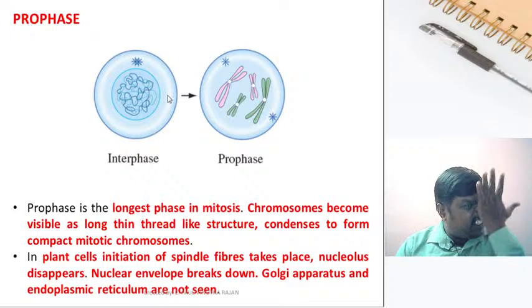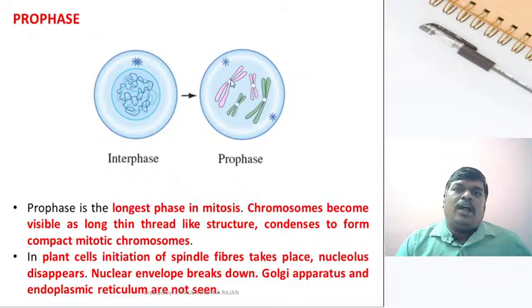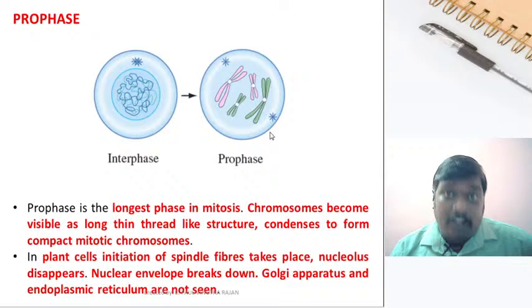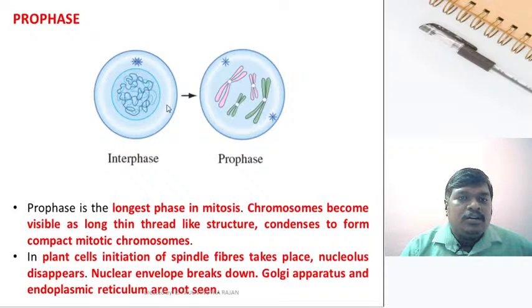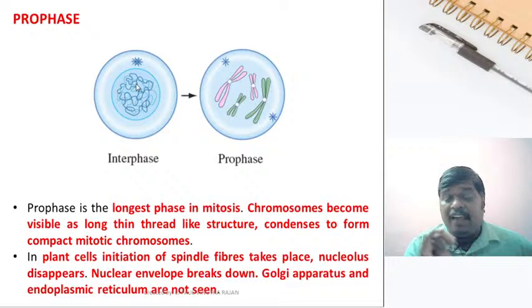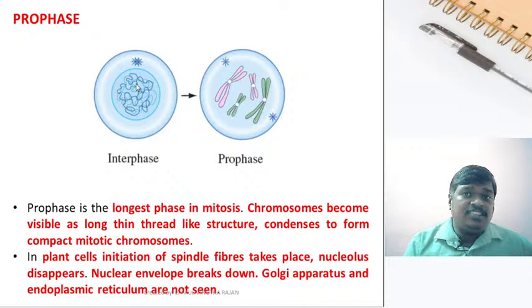The cell that is supposed to undergo mitosis should have all these structures: centrioles, the nuclear envelope, the chromatin threads, and nucleolus. Have a note. 4 things it should have: centrioles, nuclear membrane, chromatin threads, nucleolus. All these 4 structures are found here.